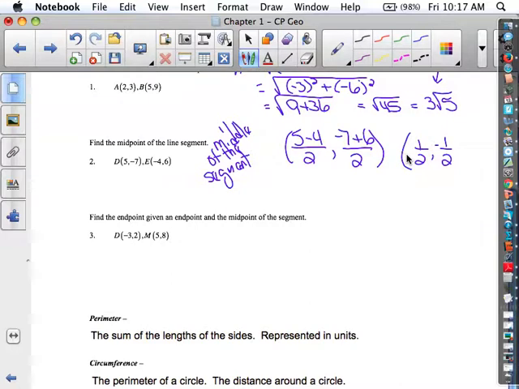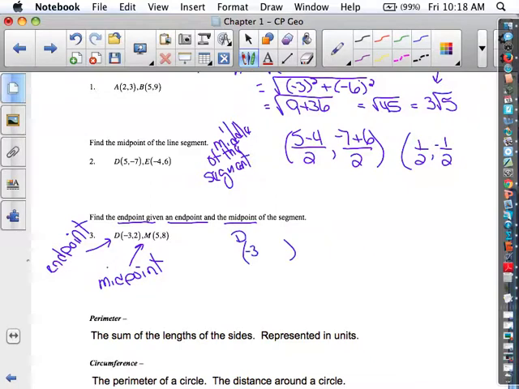The next one, remember, is a challenge to look at. This is where you are given an endpoint and the midpoint, and you are asked to find the other endpoint. So D is an endpoint. M is the midpoint. And we found the easiest way to do this is to just look at how this line changes from one endpoint to the midpoint, and then add that on to find the other endpoint.